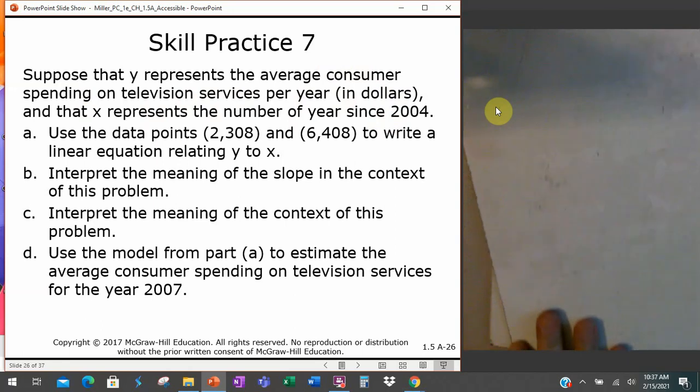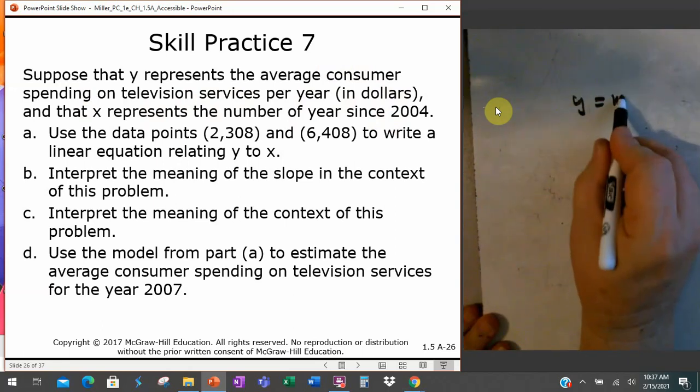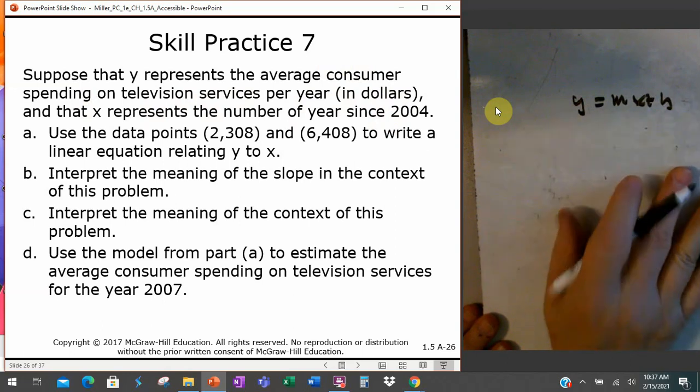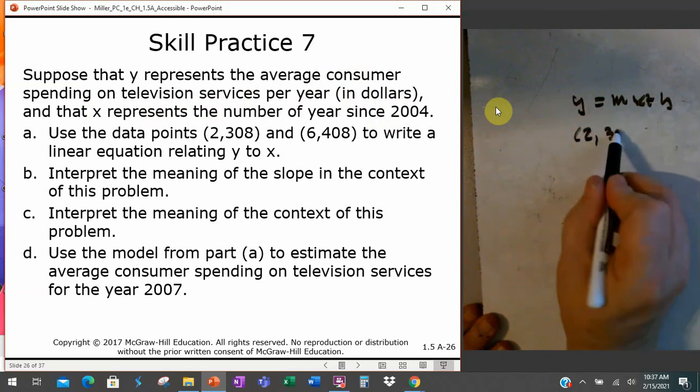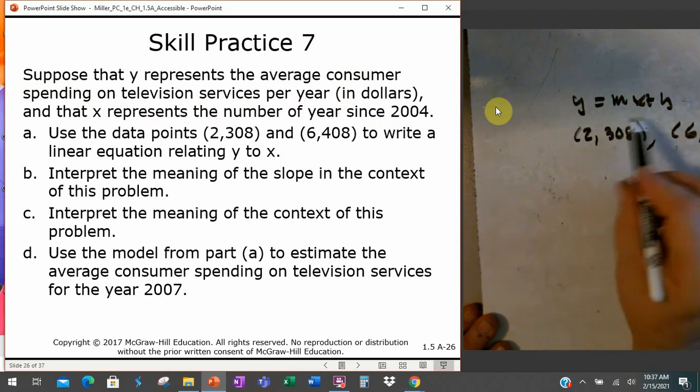So let's write a linear relationship between the two. Y is equal to mx plus b. That's my relationship. I'm going to use (2, 308) and (6, 408). I need to get my slope.